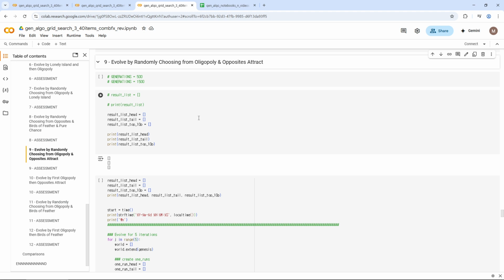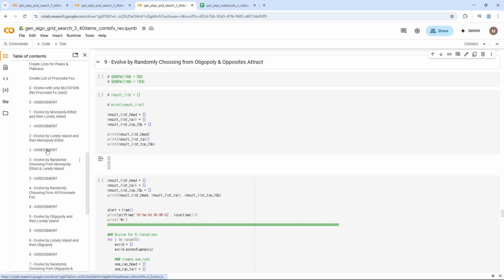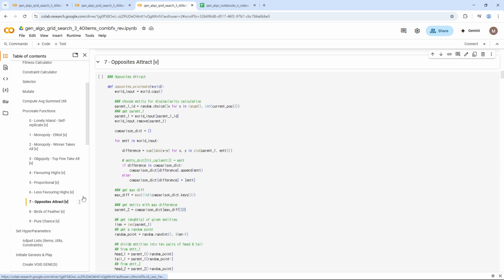So one way to solve that, I thought, would be to use the opposites attract procreate function. Have the top entities kind of... I don't know if I'm actually doing that, but anyway.